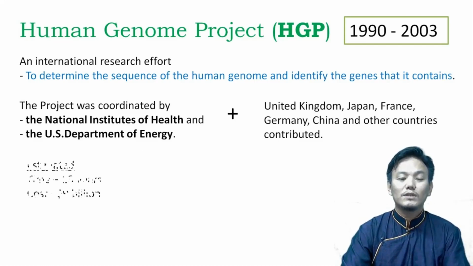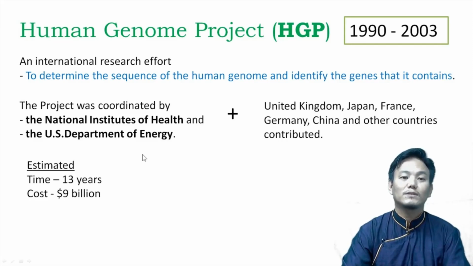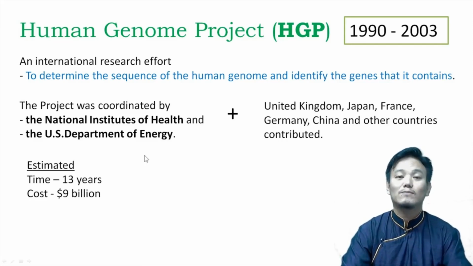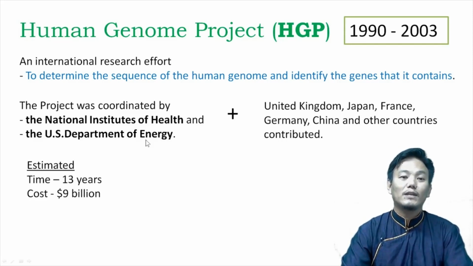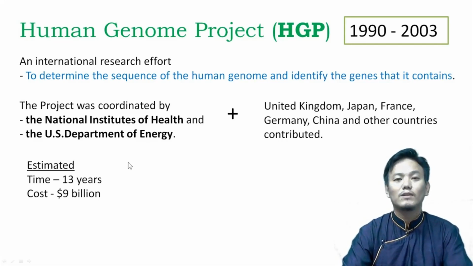Now, certain estimations were made regarding this project before it started. The scientists said it would take about 13 years to complete the sequencing of the human genome. That was their estimation. And it would cost about $9 billion US dollars.